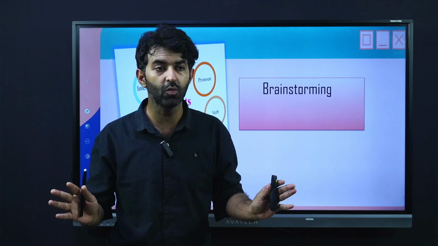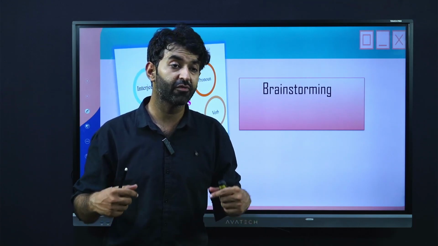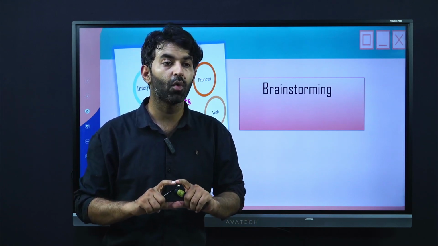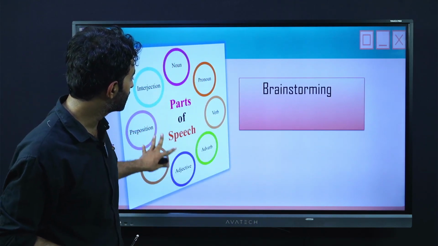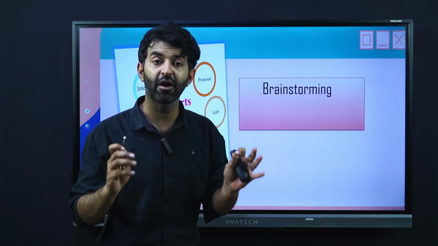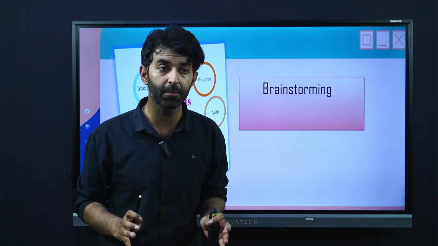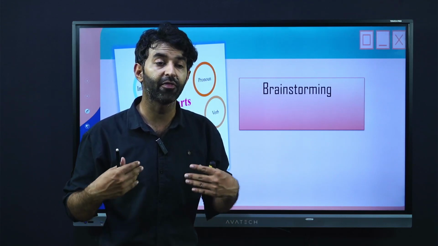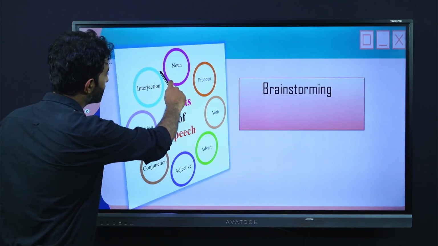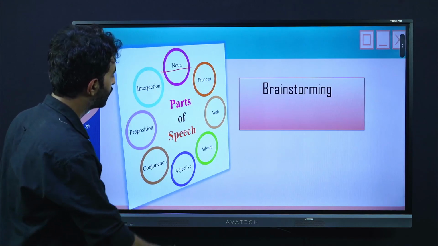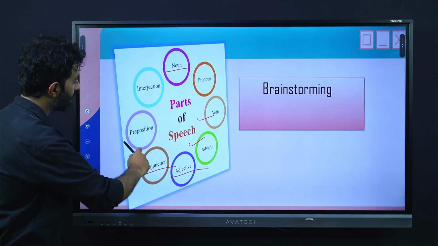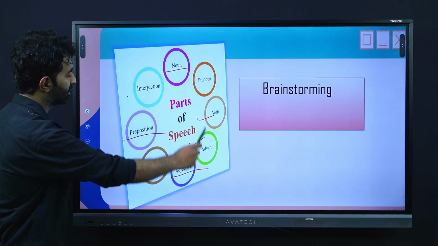Everything that you see which is written, and even if I'm speaking right in front of you, I am only using all these parts of speech, nothing else. So you have to recognize each one of them to identify it and then use it accordingly. We are clear about nouns, pronouns, verbs, adverbs, adjectives, conjunctions, prepositions, and interjections.